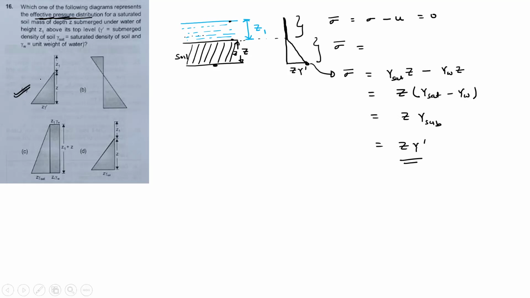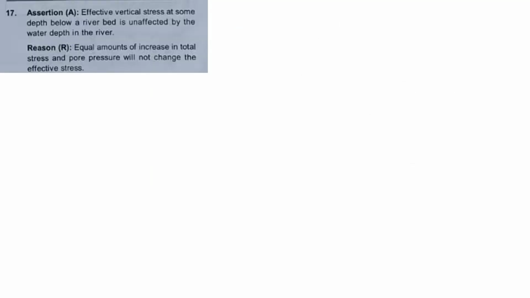Now question number 17. Effective vertical stress at some depth below the river bed is unaffected by the water depth in the river. Yes, this is the same as question number 16, so this statement is correct.